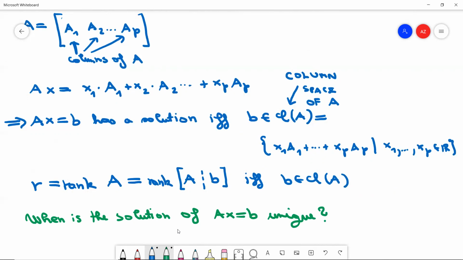Now we already know when the solution exists, exactly when the rank of A is equal to the rank of the extended matrix. But what can we say about the uniqueness of solutions? This will also be an important question in the continuation. So when is there only one solution, and when do we have some line or plane or even space of solutions? It has something to do with R and P.